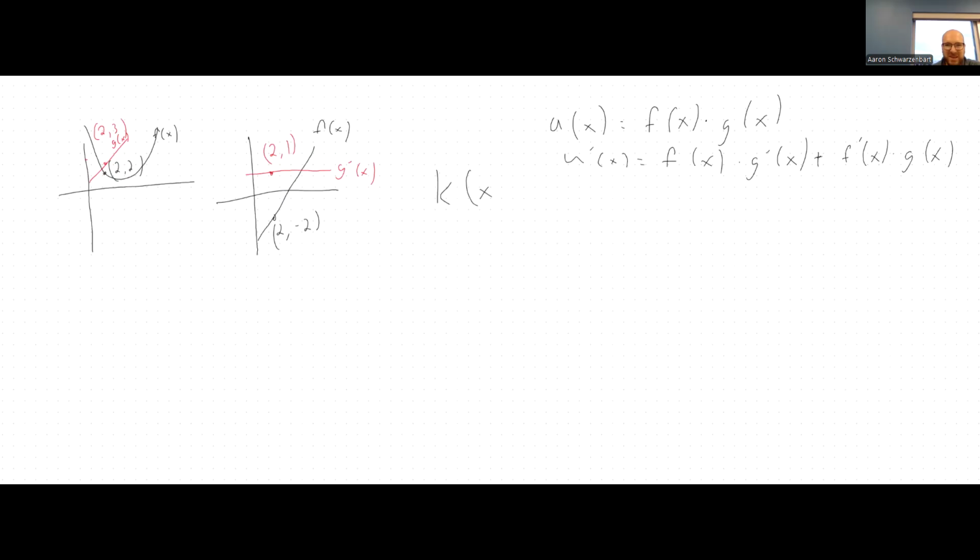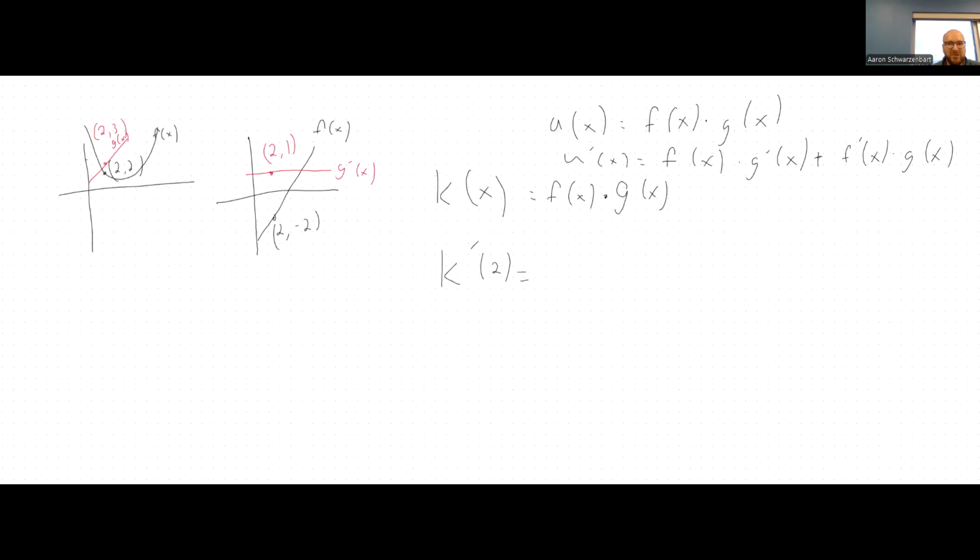So if I say that k of x is f of x times g of x, I can't in general find k prime of x based on what I have, because I don't know what those functions are, but I can find k prime of 2.